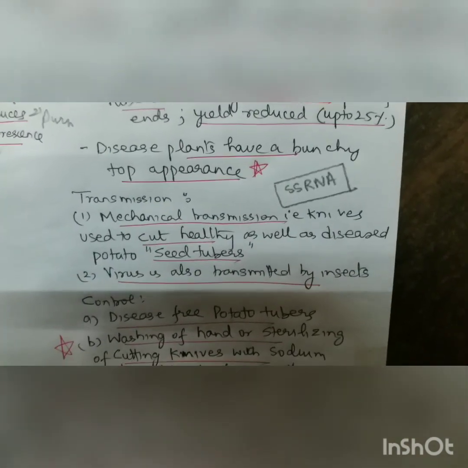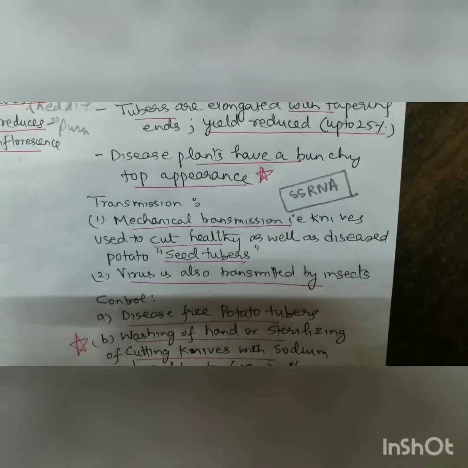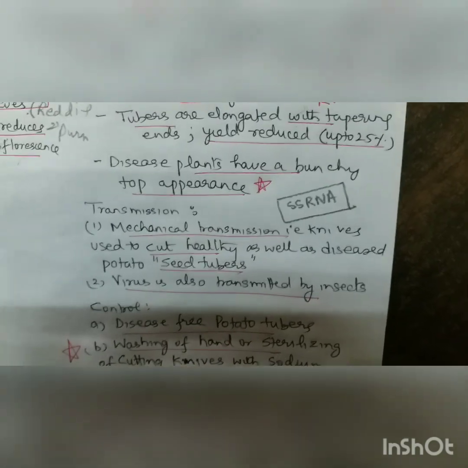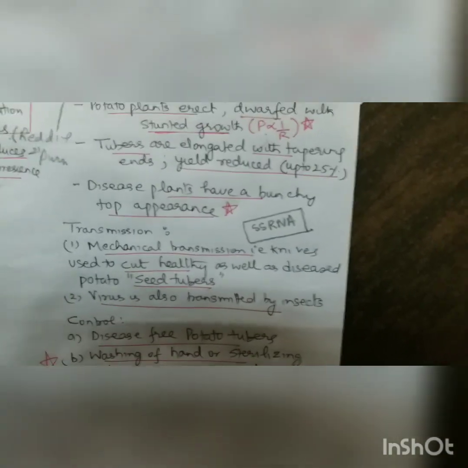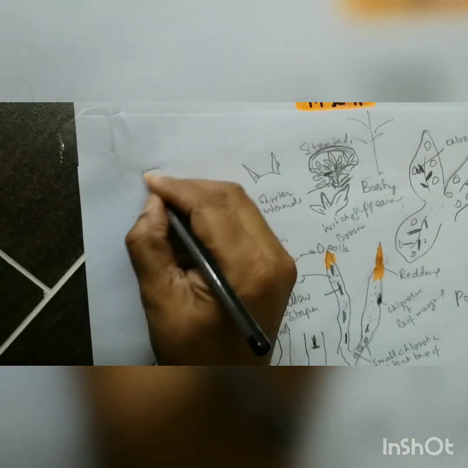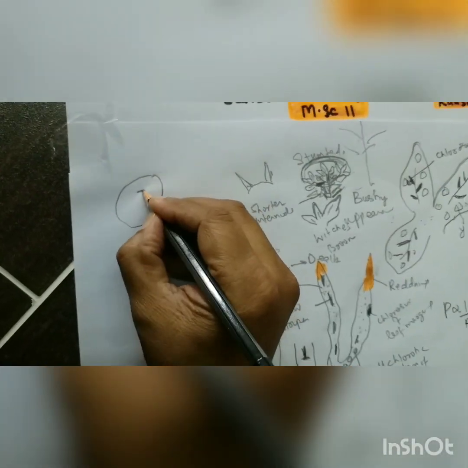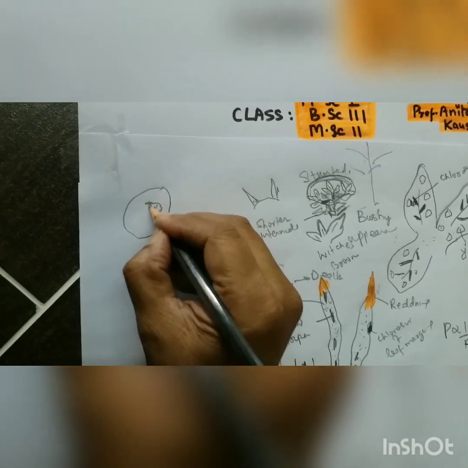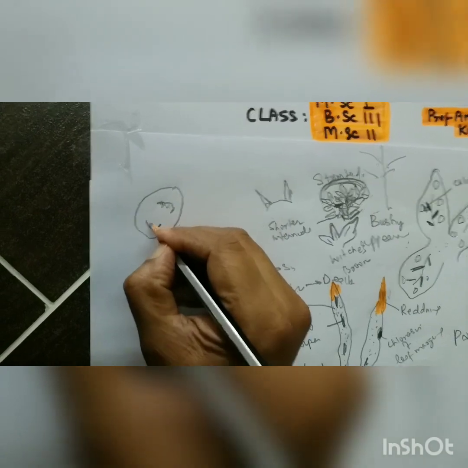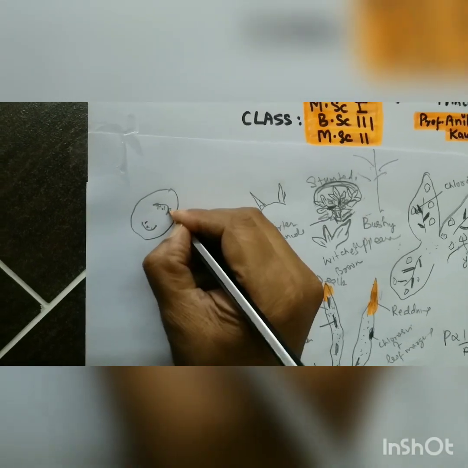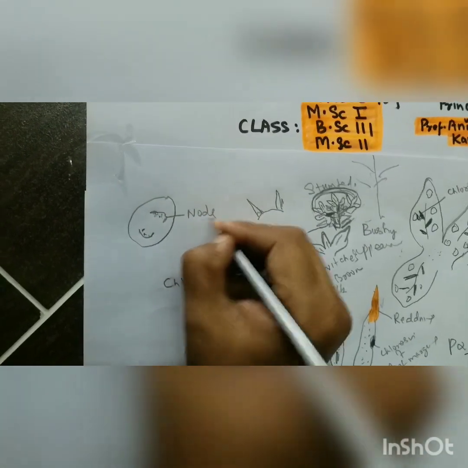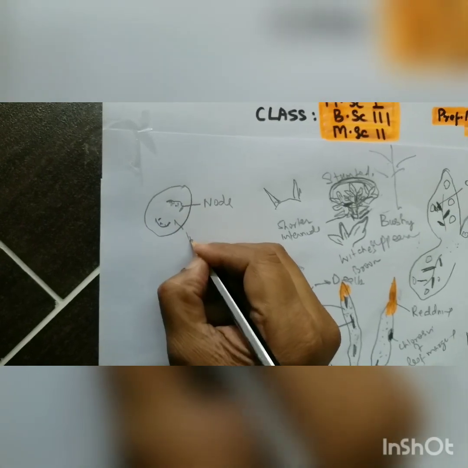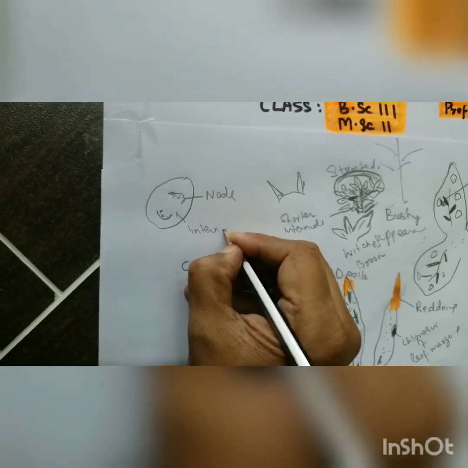The transmission is mechanical, through knives which are used to cut the seed tubers, right? I already told you about seed tubers last time also. So when this is a potato, this is the central bud, and these are the axillary buds, and this is called the node, and this is called the internode.